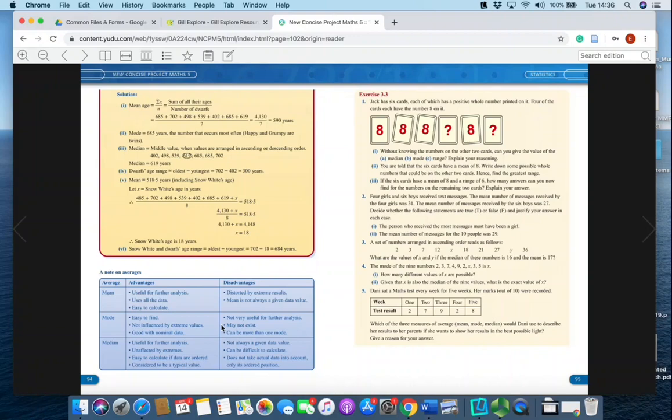So let me give you an example where that would be the case. If I asked you what your results would be in your English exam, of any Leaving Cert year, what you'll find is that the results will follow what's called a bell curve.